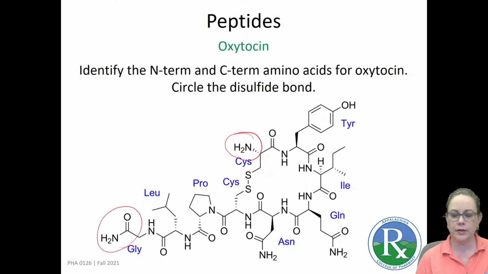The other structural feature you might be asked to identify would be the disulfide bond. This is the bond that occurs where you're forming a sulfur-sulfur covalent bond between two cysteine side chains. That's also present on oxytocin. That results in the cyclization of that right half of the peptide.